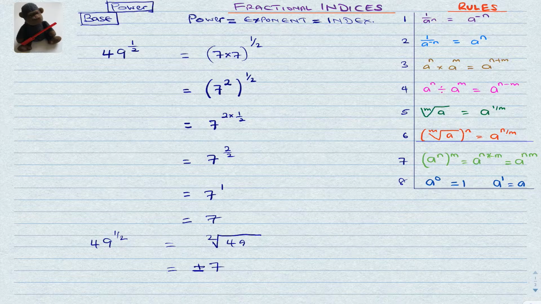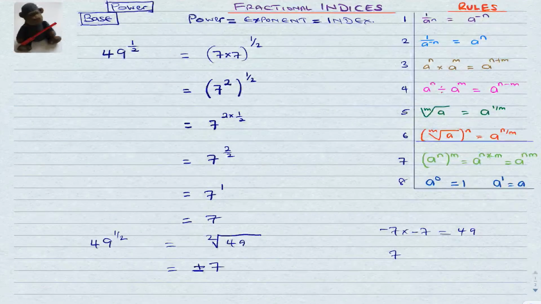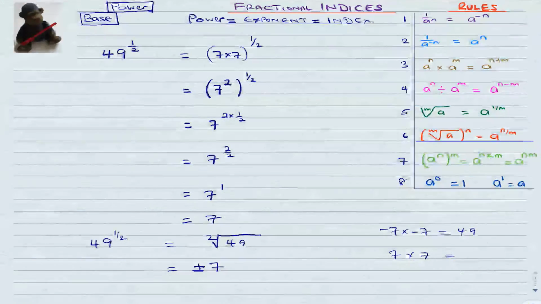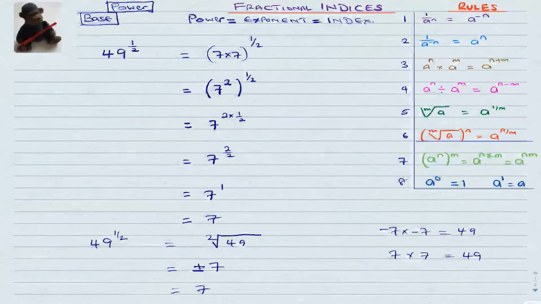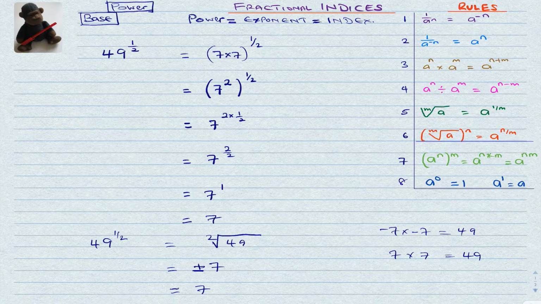Whenever you do square root, it's usually plus 7 and minus 7, because minus 7 times minus 7 is 49, and 7 times 7 is 49. But in this case, you may be just looking for 7. So the magnitude is 7. Magnitude means size. So we're just looking for 7. We're not looking for the sign of positive or negative.